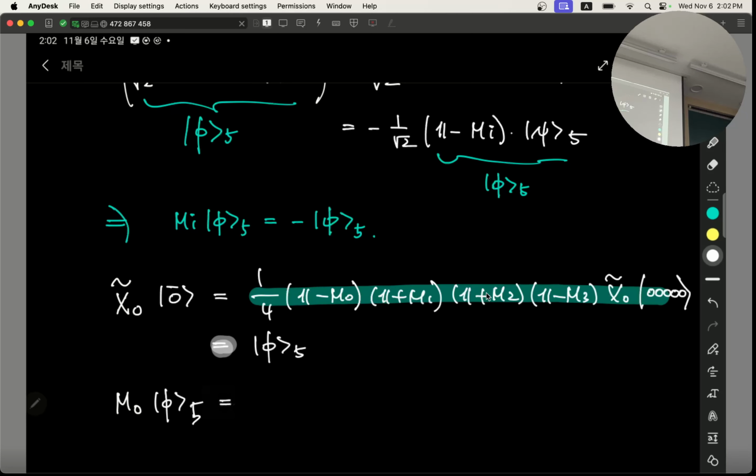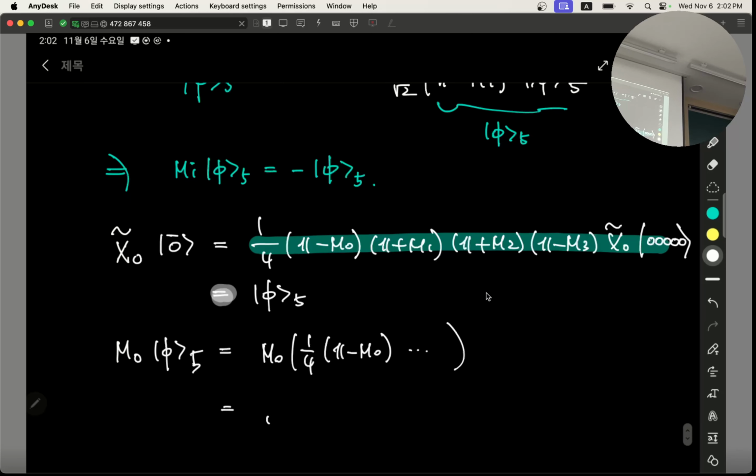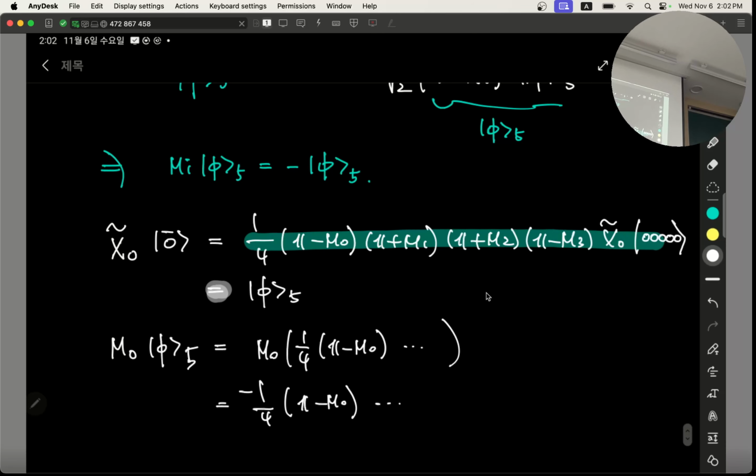As I said, m0 is multiplied on 1 over 4, 1 minus m0, and so on. It's the same thing as 1 over 4 times minus 1 minus m0, and so on, because it's the same calculation: m0 times 1 minus m0 is minus 1 minus m0.